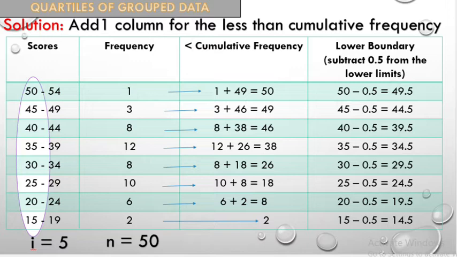Yung naunang score dito na ipinakita natin. So, 50 minus 0.5 equals 49.5. 45 minus 0.5 equals 44.5. Basta yung sa lower boundary, para makuha po natin, we should subtract 0.5 sa ating lower limits. So, ganun lang po yun.